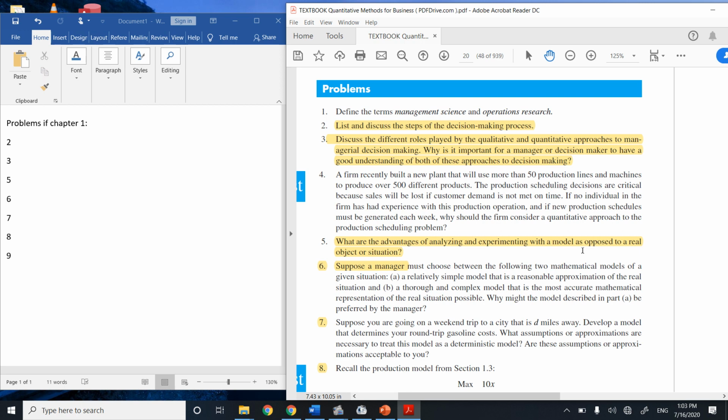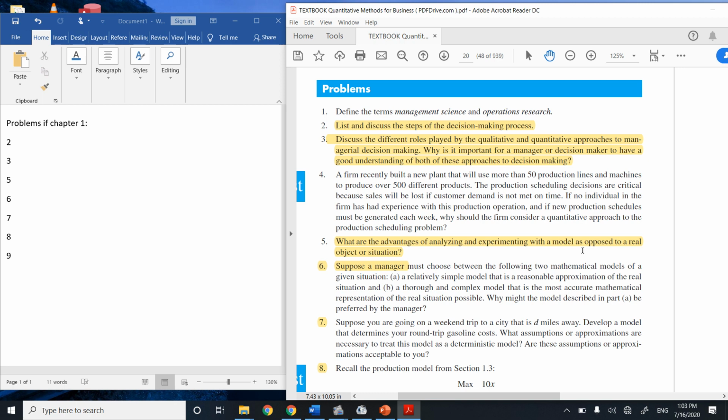Now, suppose a manager must choose between the following two mathematical models of the given situation. A, a relatively simple model that is a reasonable approximation of the real situation.